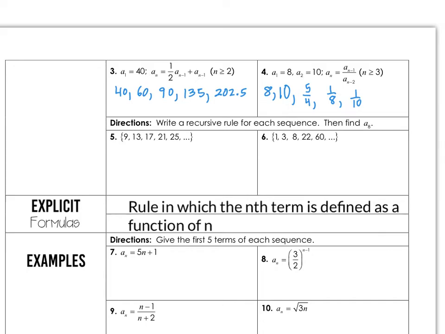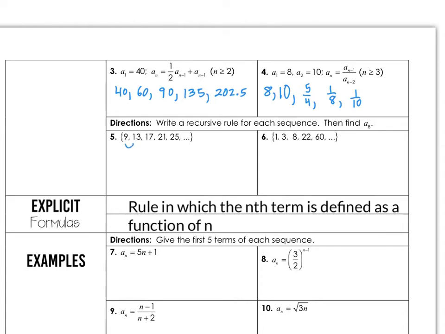Now the next part gets a little bit harder because now they're giving us the values and they want us to figure out a rule for it, a recursive rule, and then find the 8th term. So let's see if we can figure it out. Some of these are tricky. 9 to 13 to 17 to 21 to 25.